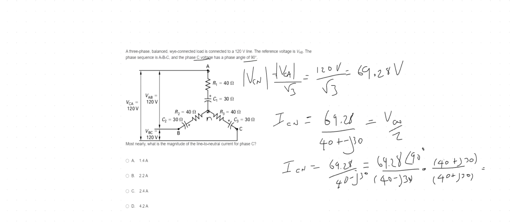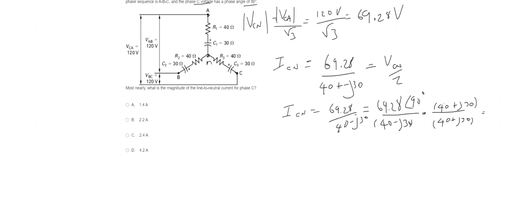So I'm getting for the top part 17.32 over 25i. We have to divide that by 40 minus 30i.